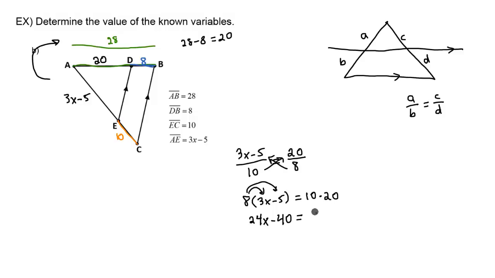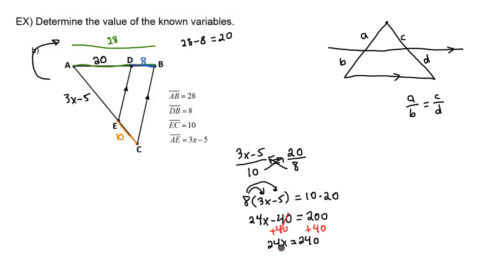And then 10 times 20 is 200. And we want to solve from there. So add 40 to this left side to cancel that out. And then I have to add 40 to this right side. So I'm left with 24x equals 240.